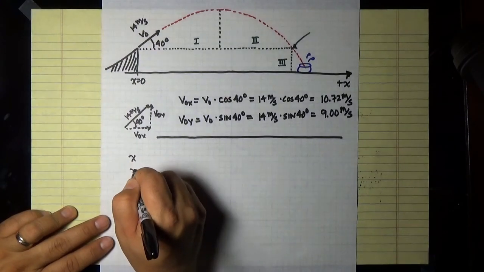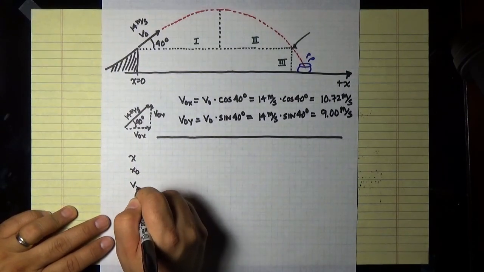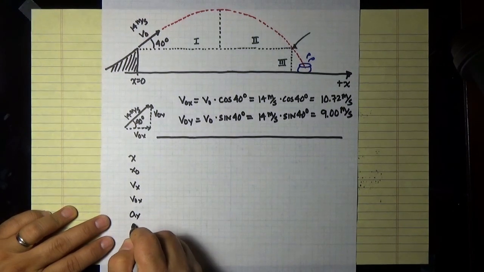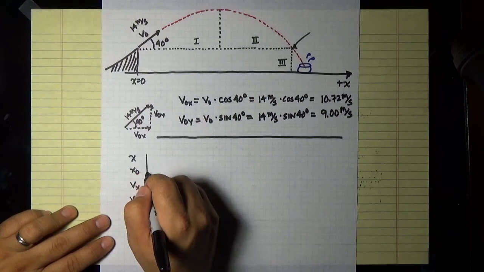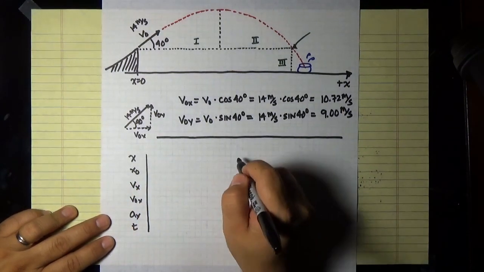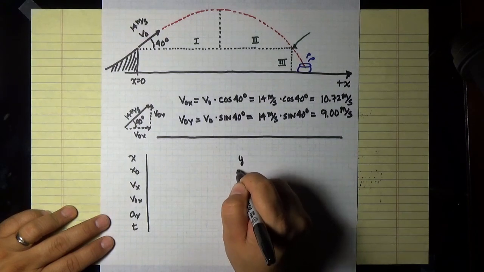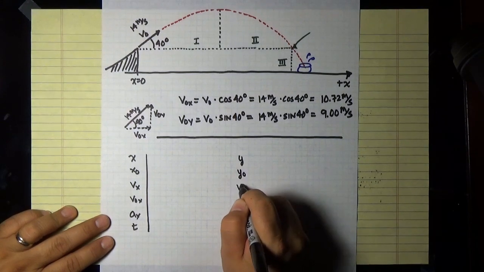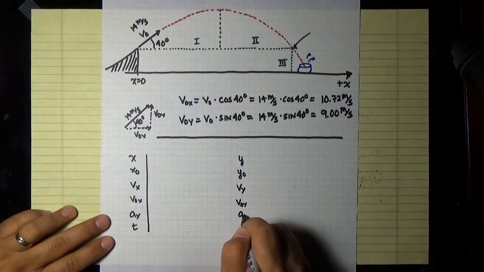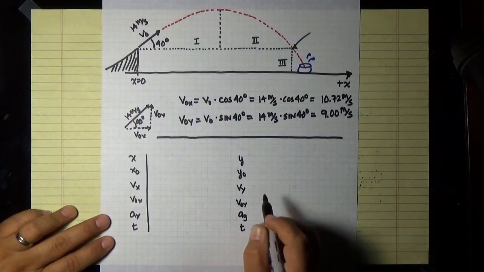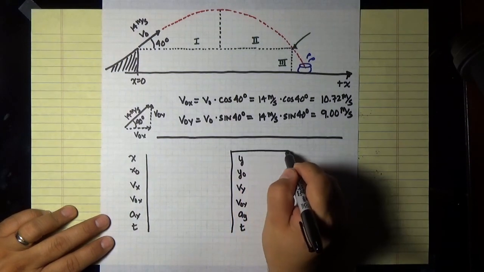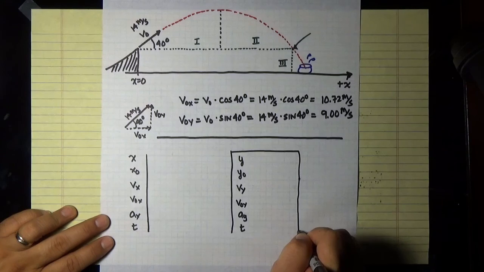So I have x, x naught, vx, v naught x, ax, and t. And similarly over here, I have my y table, which is y, y naught, vy, v naught y, ay, and again t. Okay, so those are going to be my two kinematic tables.